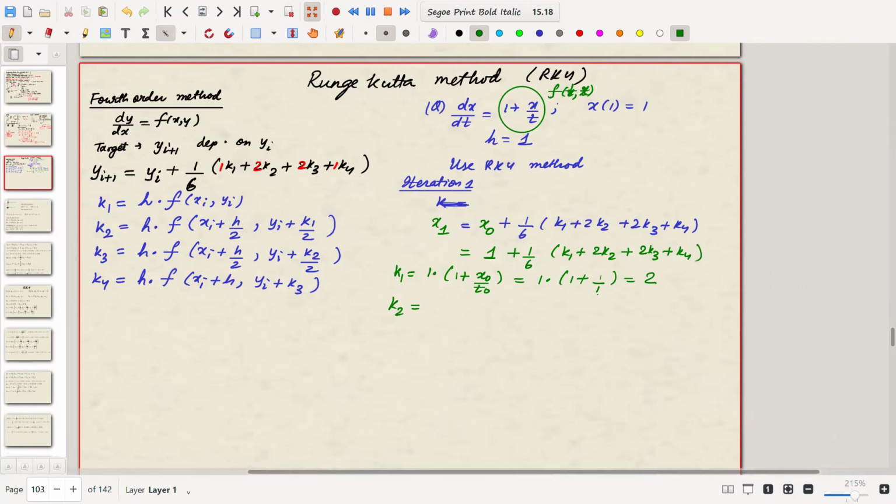K2 equals h. H is 1. F of xi. Xi means x naught plus 1 by 2, comma, y naught plus k1 by 2. K1 by 2 is 2 by 2. So that is equal to 1 times f of x naught plus half, comma, y naught plus 1. X naught is 1, right?